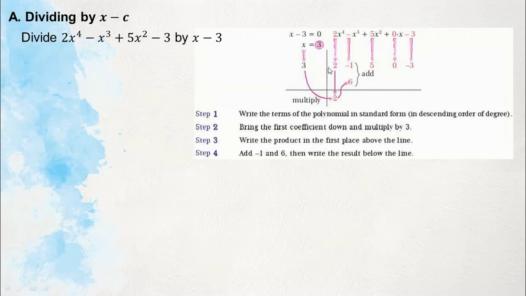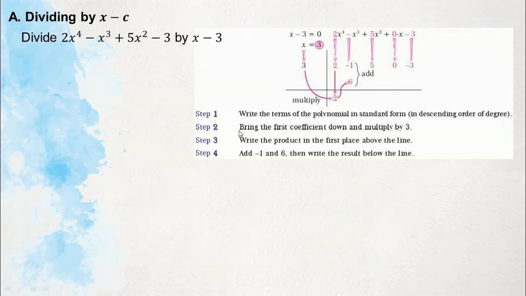Okay, the coefficients are 2, minus 1, 5, 0, minus 3. Even though in this equation there is no x power 1, you just need to put 0, because you should keep the descending order even if the variable with that power is missing.